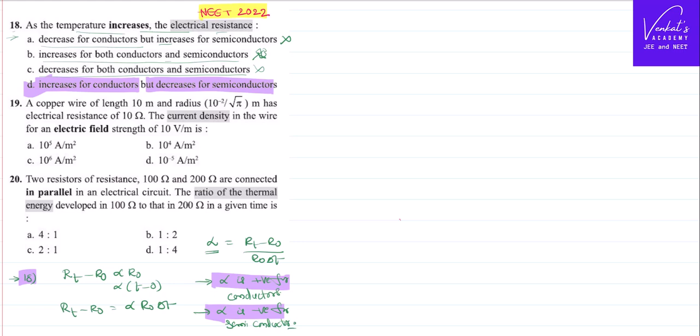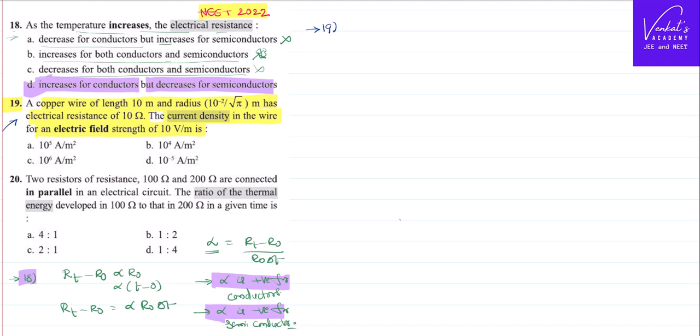Let's have a look at the 19th question, which says a copper wire of length given for you, radius given for you, has an electric resistance, and the electric field strength is also given. I need to find the current density in the wire. So we need to know the relation for electric current density.